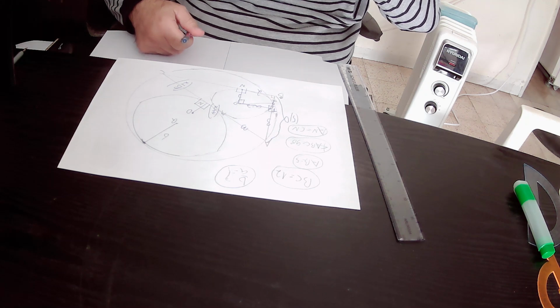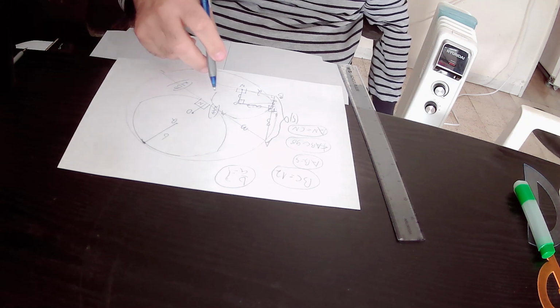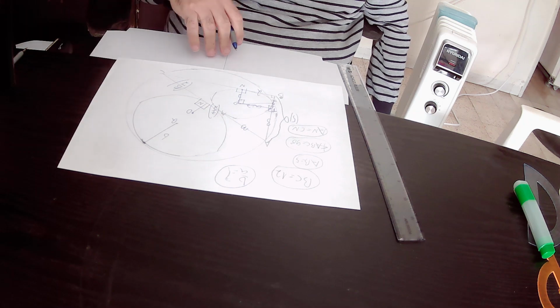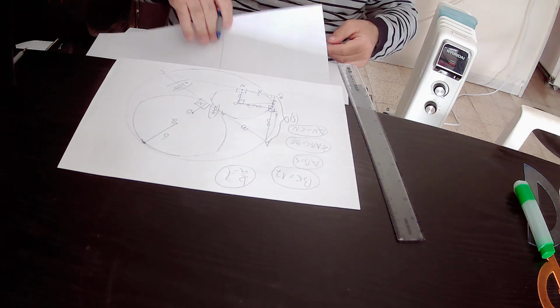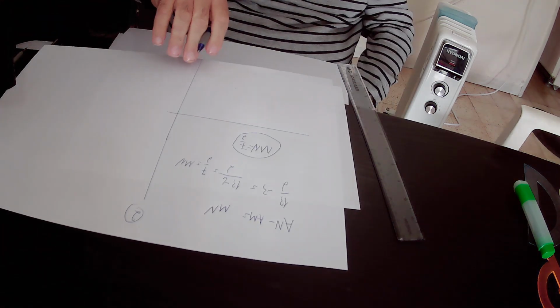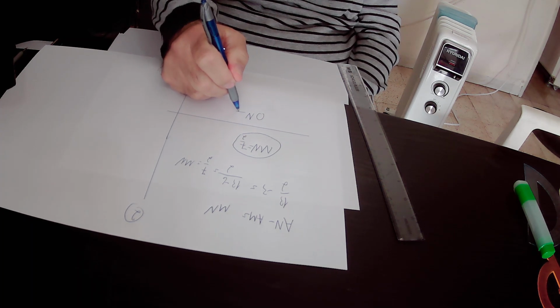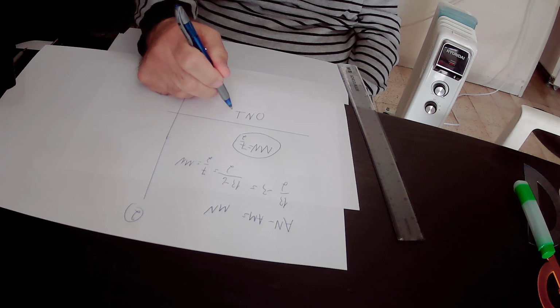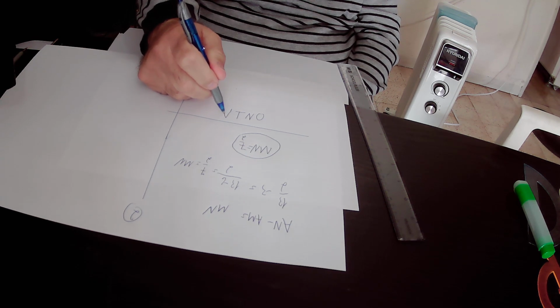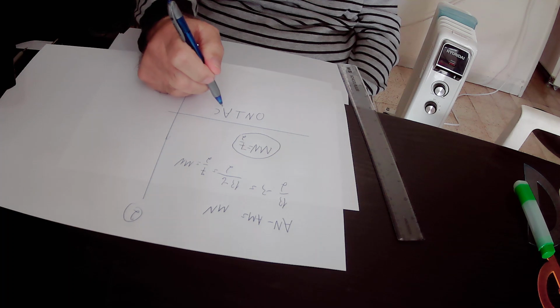So, in conclusion, we can write down that line segment ON is perpendicular to tangent AC, or chord AC.